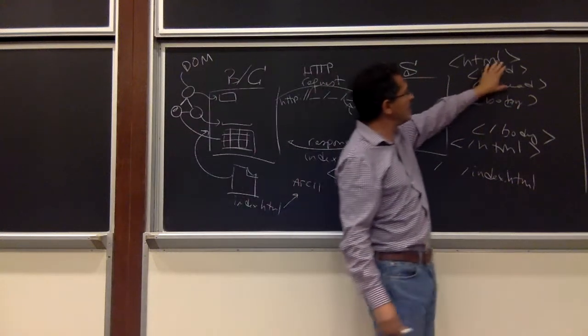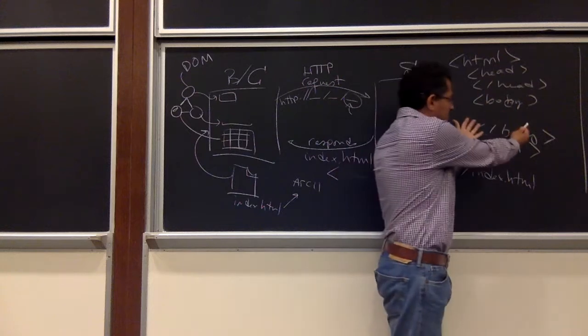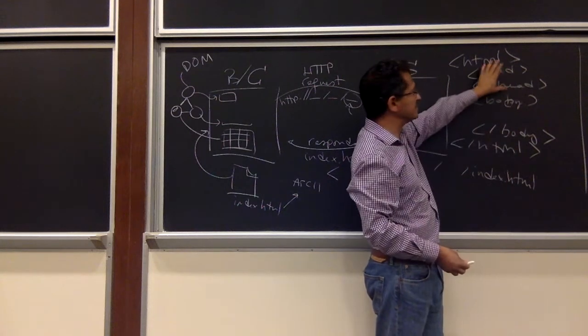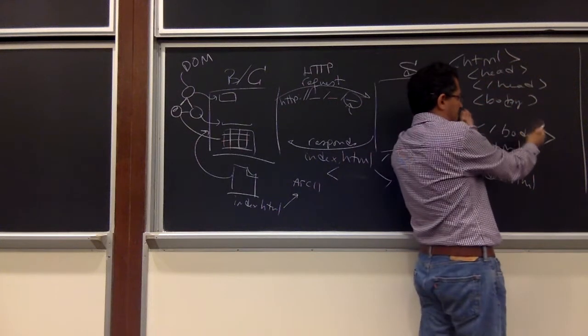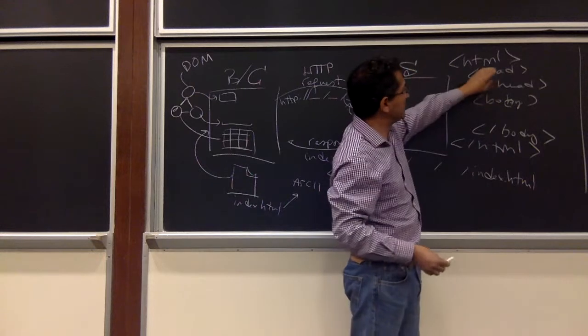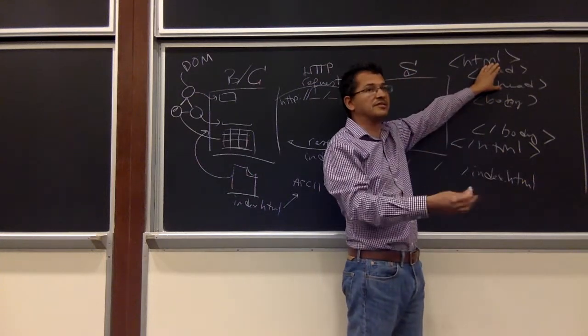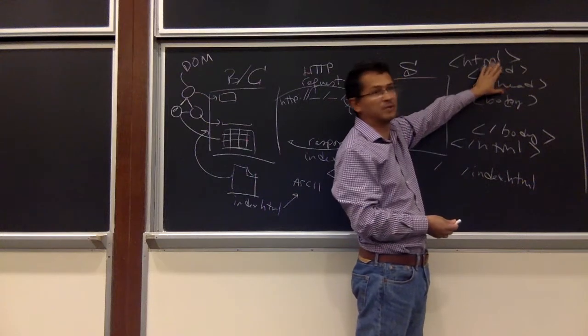In the head, you get all metadata. Information about this document, other dependencies, other things that you might need to perhaps render this in a different way. So here you might have references to CSS files, JavaScript files, other dependencies would live here.